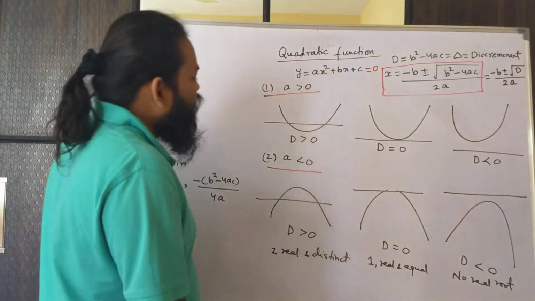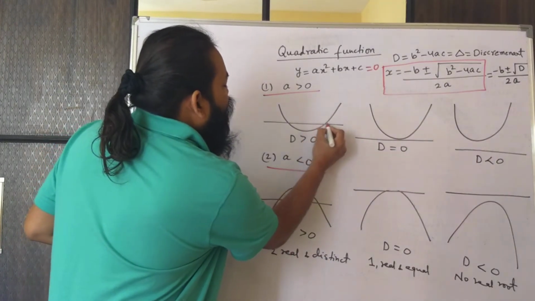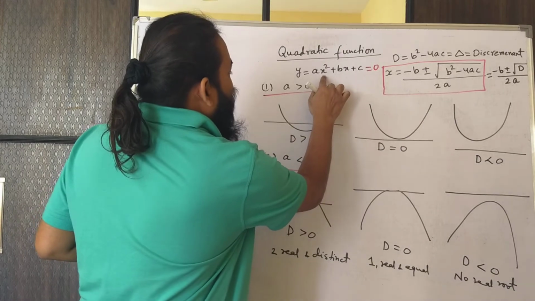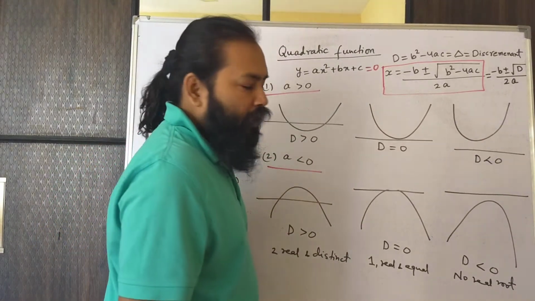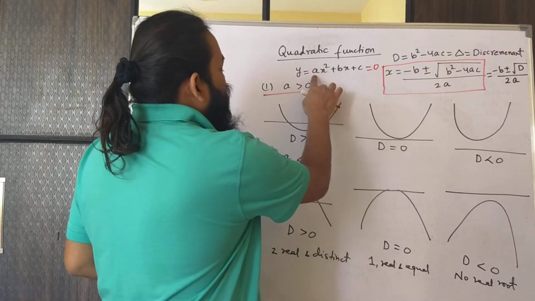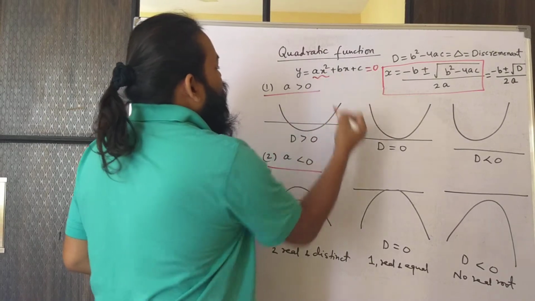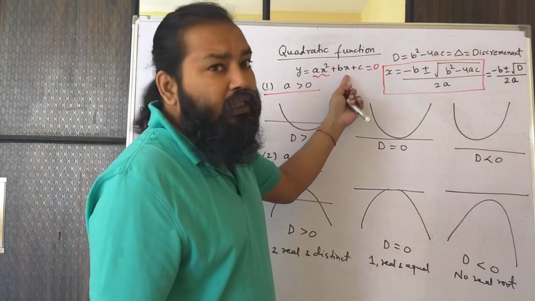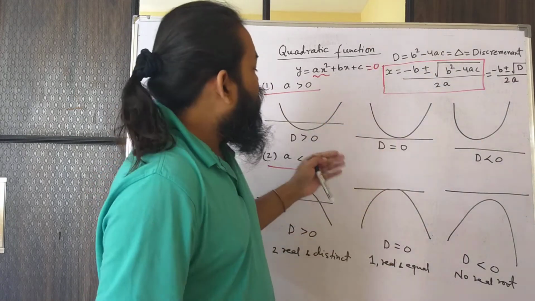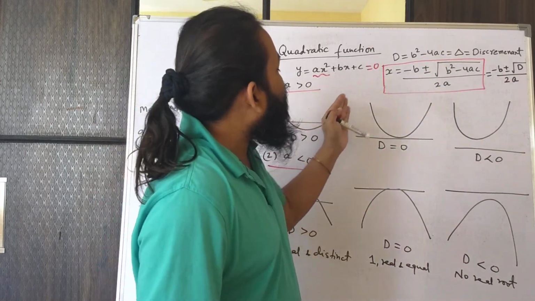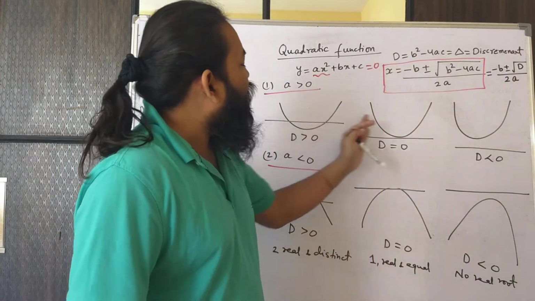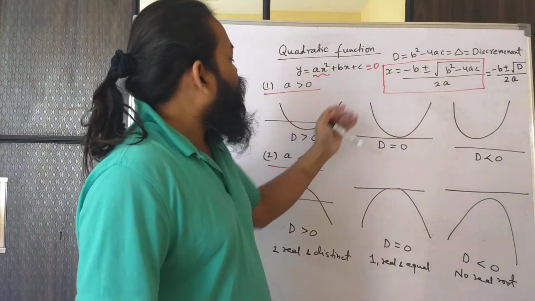The explanation is, as the x value increases, the x square term will increase. And because a is positive, this term is positive, and the x square value will obviously be more than x as x increases. That's why the more you increase the x value, the graph will go up on this side.